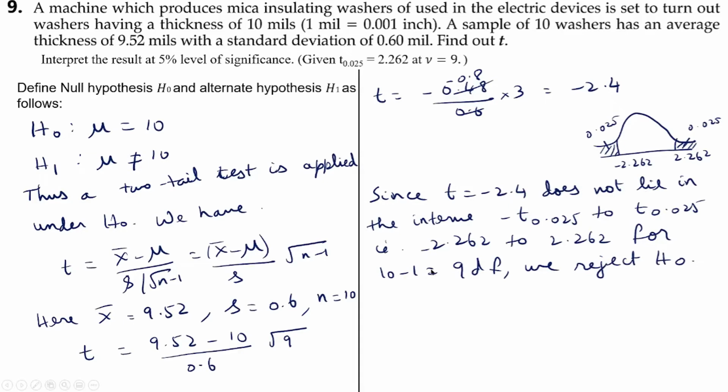Therefore, we can conclude that if H0 is accepted, then the machine is working properly and producing washers of thickness 10 mils. Since H0 is rejected, the machine is not working properly.